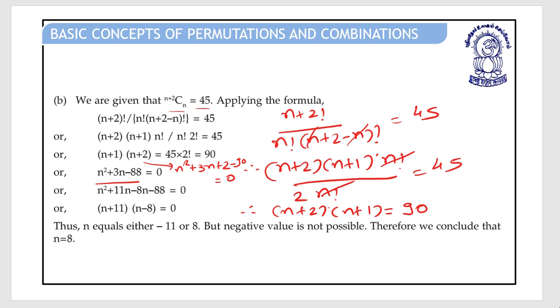So n square plus 3n minus 88, first and last term. 11 8s are 88, 11n, 8n. Here plus sign, so plus 11n minus 8n. n plus 11 into n minus 8 is equal to 0. Minus 11 and 8. But negative value is not possible. So n is equal to 8 is the answer.